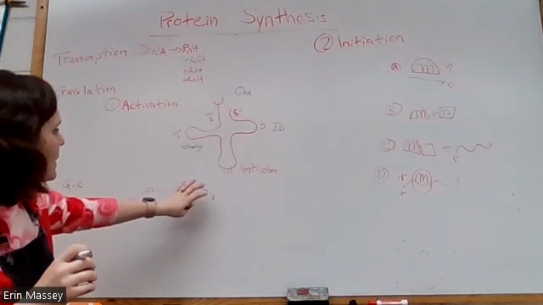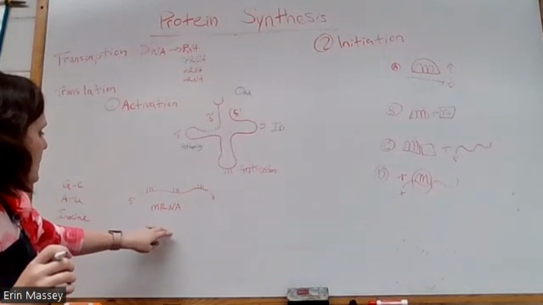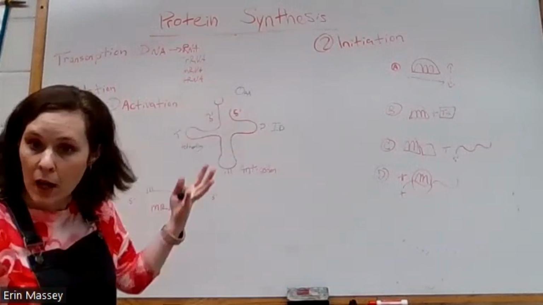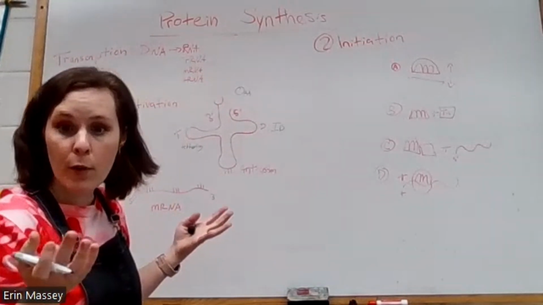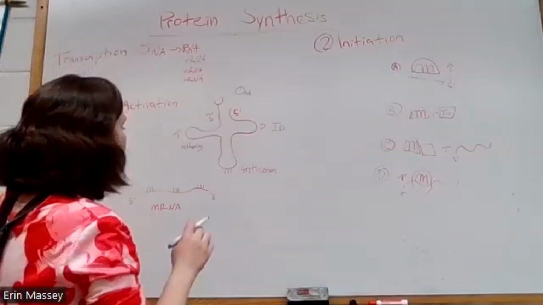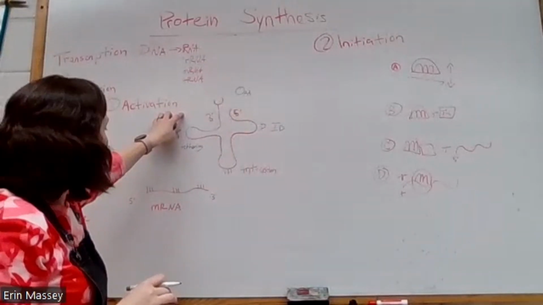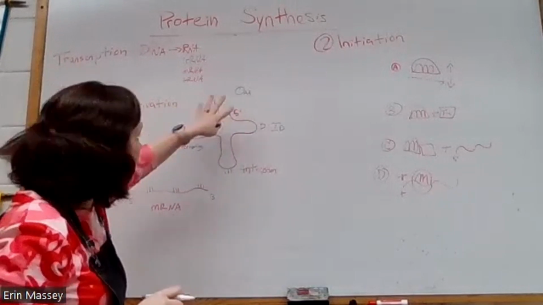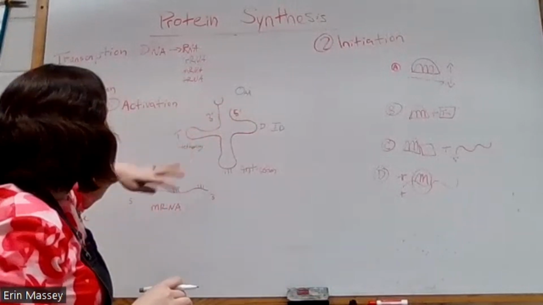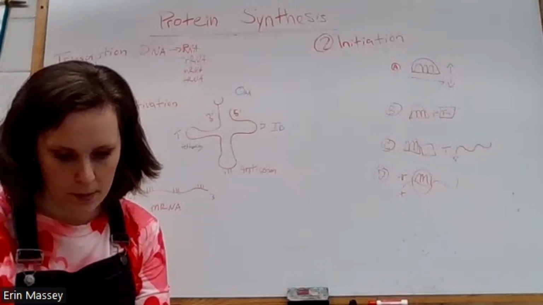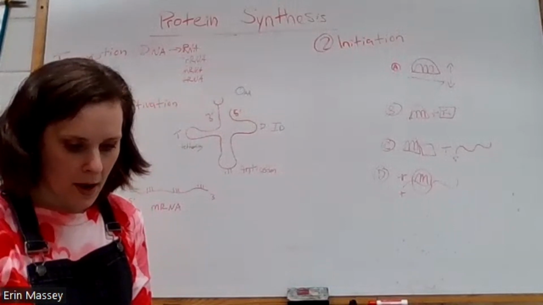So this tRNA has to get here, but it has to be carrying an amino acid, because if it's not, it has nothing for the ribosome to use, right? So this amino acid has to be activated. Well, the tRNA has to be activated with an amino acid, but that process really needs to be helped. It doesn't happen all by itself.